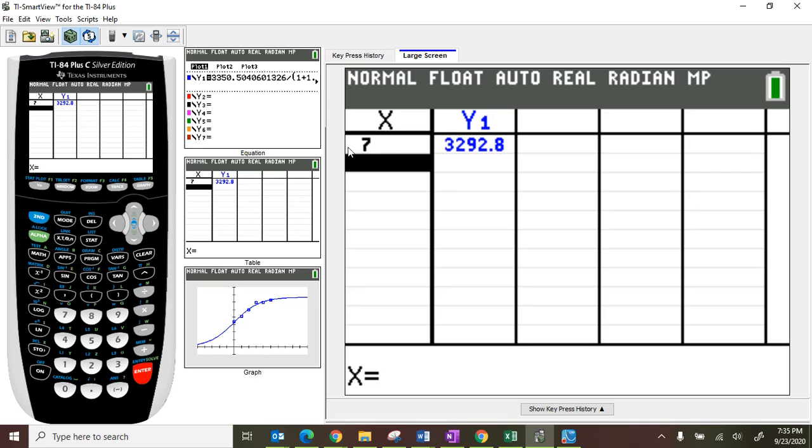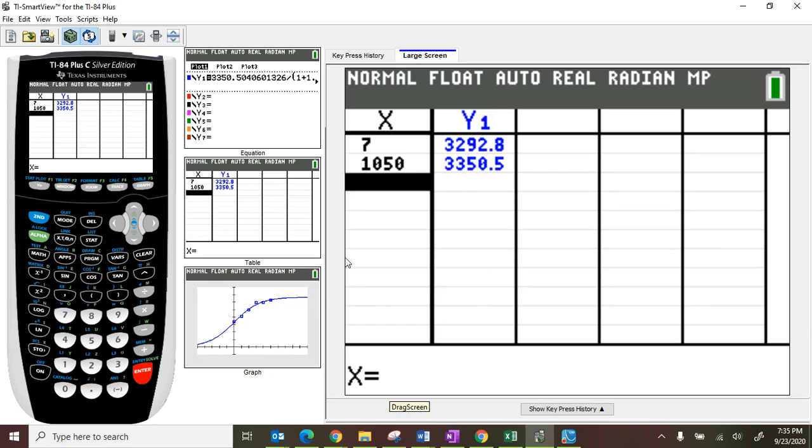So in this year, there were 3,292 bombings. Of course, I could say 1,050 years after, hit enter, and it's reaching its limiting value, which is 3,350. I could put in whatever value for x, and it gives me the y.